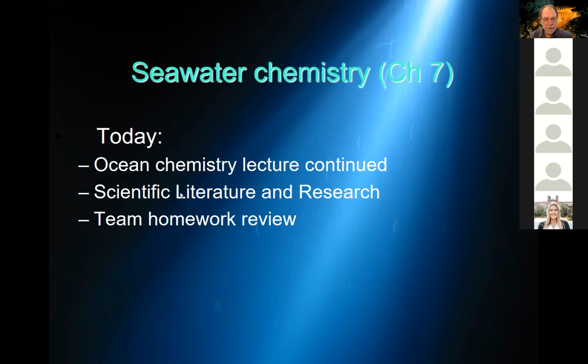Before I do that, I'm going to talk about the team homework. So I'm going to do these items in reverse order. We'll review the team homework assignment that was given out last week, the water column structure assignment, where you were looking at different properties of salinity and temperature that seawater can exhibit, and trying to understand how these properties produce a structuring of the water column, stratification by density.